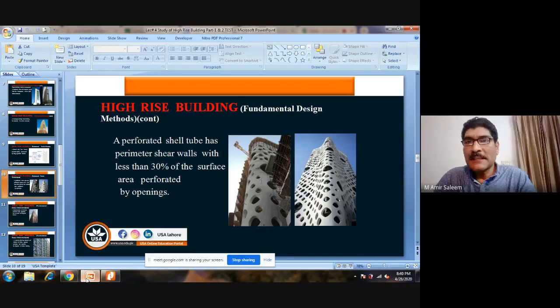So this is basically the project management system. We achieve the best quality, best stability in the structure, best design in the structure, but it should also be at a lower cost. So this tube structure, perforated shell structure, may also fulfill our requirements, not 100%, but very close. So this is another style which we are using in our high-rise buildings.